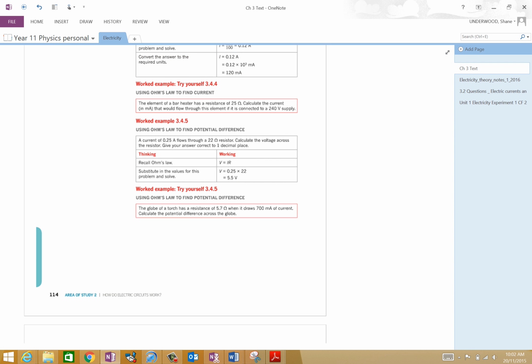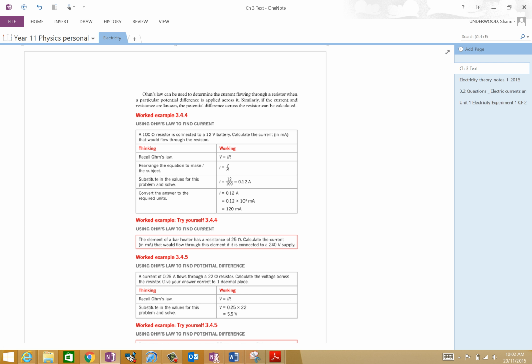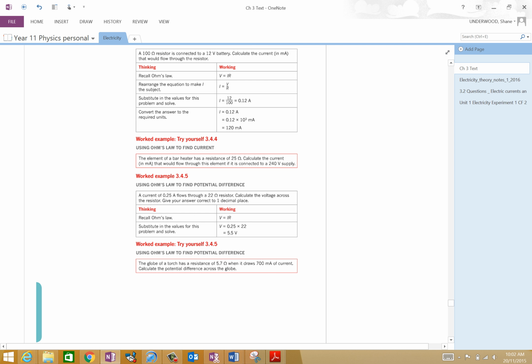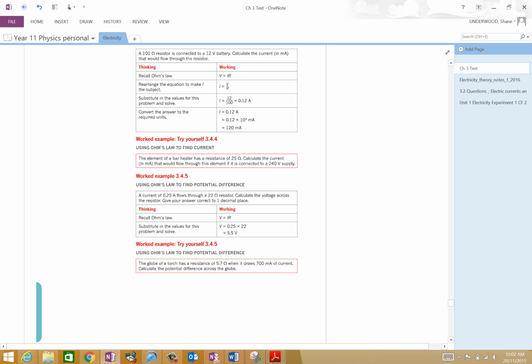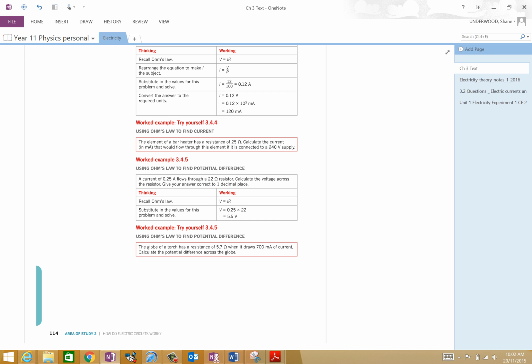Now, just quickly, the last thing is, in section 3.4, you're going to have a lot of questions like, a current is drawn, find the resistance. It's just using your Ohm's law, which is your formula V equals IR. So, for example, here's a go. Using Ohm's law to find the potential difference. First of all, when doing these questions, highlight what you've got, please. Make sure that you write out what you've got. A torch has a resistance of 5.7 ohms.